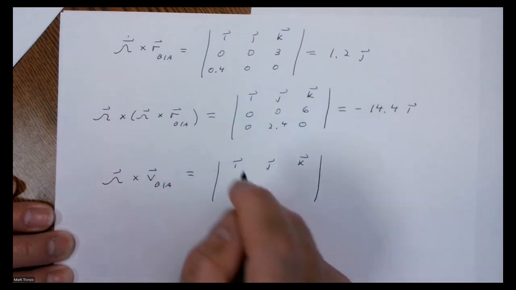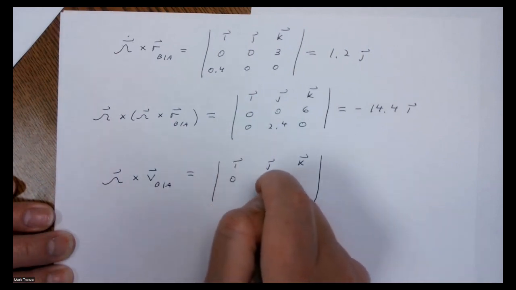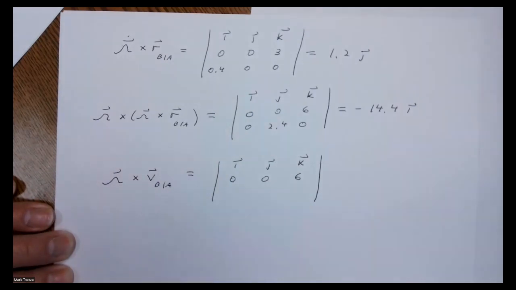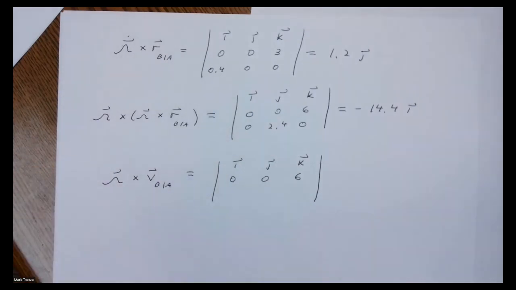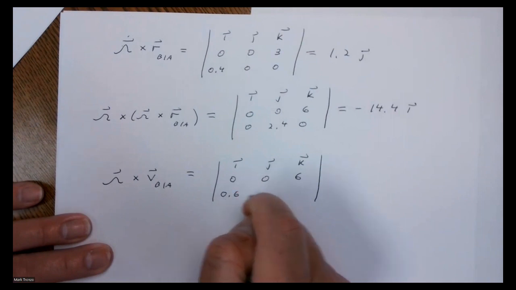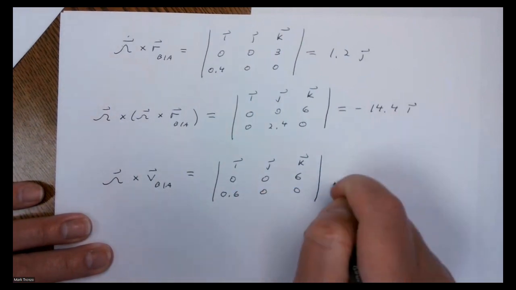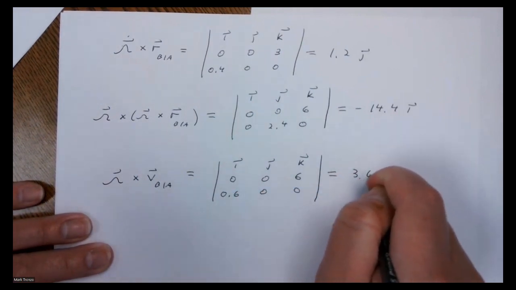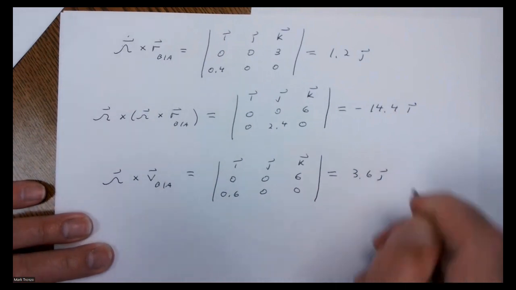Again, omega was 6K, and VBA was 0.6 I. And that's going to be 3.6J, like that.